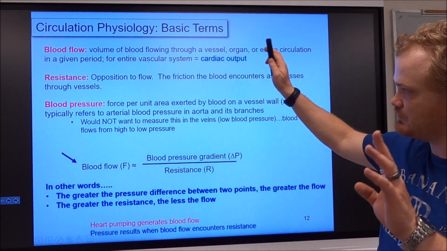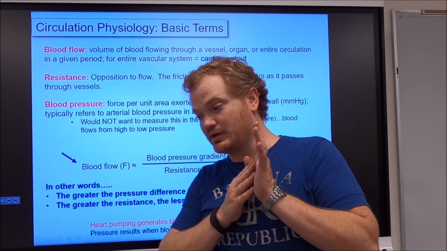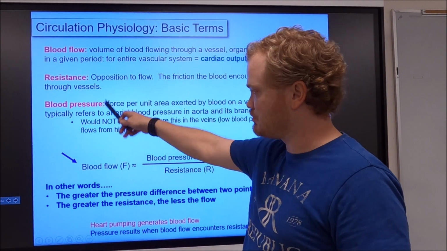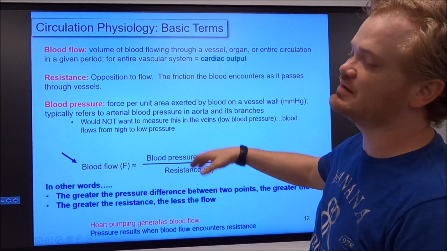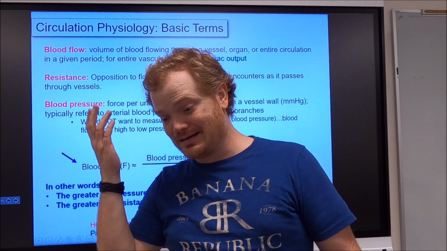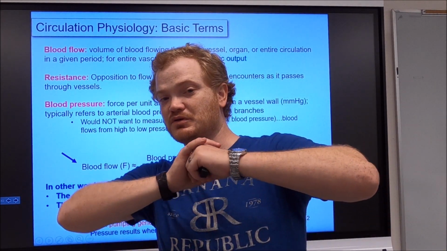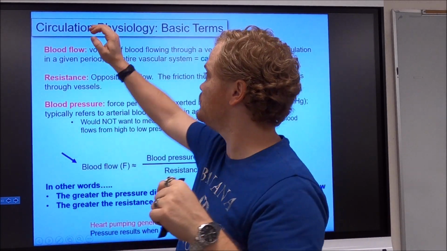So blood flow, the amount of fluid that can run through the system, is determined by basically two things. That's resistance and pressure. Pressure is generated by the heart, or resistance. Think about vasoconstriction and vasodilation as a good way to think about resistance. If you vasoconstrict a vessel, that's going to have really high resistance, and that's going to limit flow.